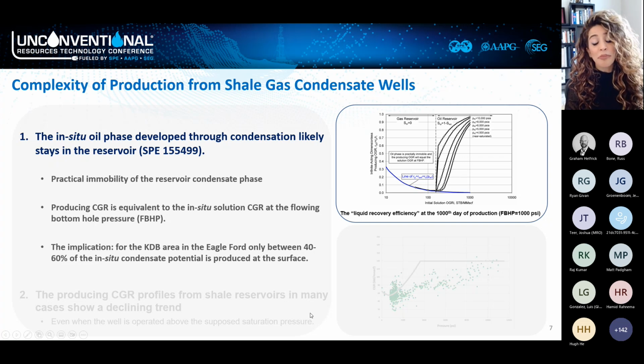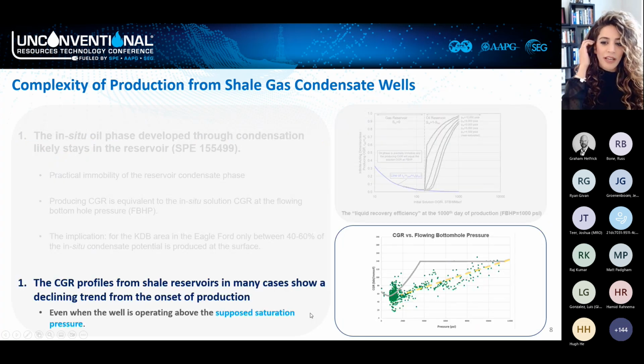What I would like to call complexity number 2 is the relationship between CGR and flowing bottom hole pressure above the supposed or estimated saturation pressure. So the CGR profiles from shale reservoirs in many cases show a decreasing trend above the calculated, interpreted, supposed dew point.